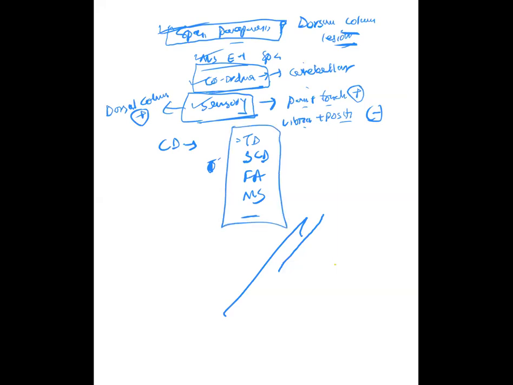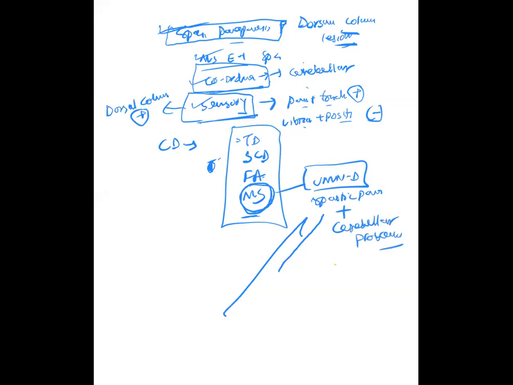In multiple sclerosis, this is solely an upper motor neuron disease, so you will find spastic paraparesis plus cerebellar problem. Because it does not involve the lower motor neurons, there is spastic paraparesis with cerebellar problem.